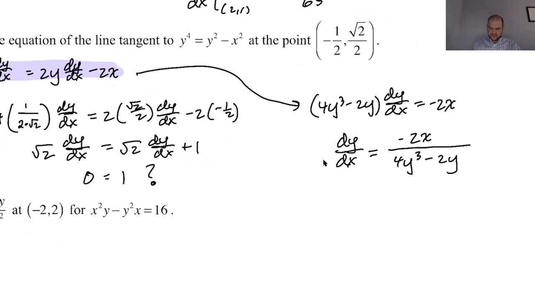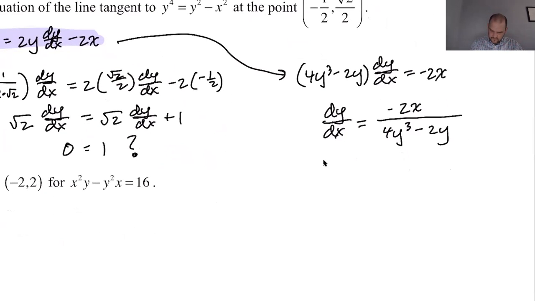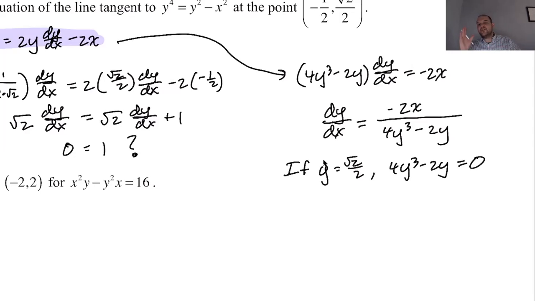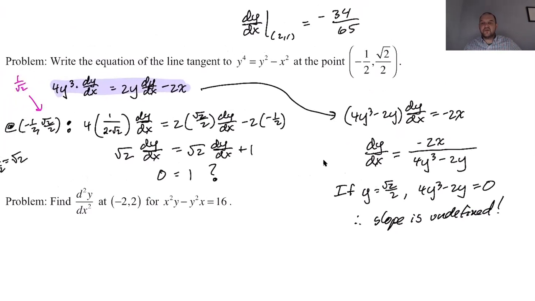Minus 2y. Okay, so if y equals what y equaled, right? Radical 2 over 2, 4y cubed minus 2y equals 0. So that means, therefore, the slope is undefined. So what does that mean? We're trying to write the equation of the tangent line.